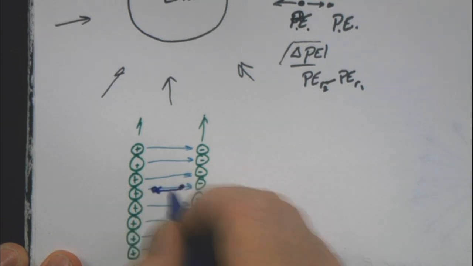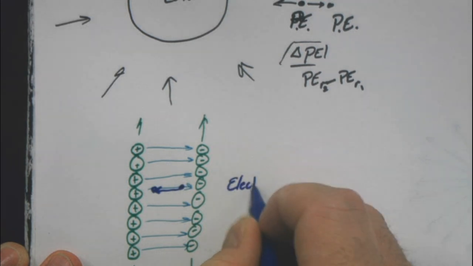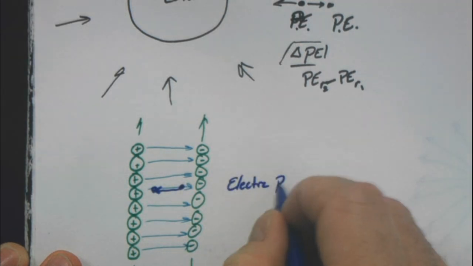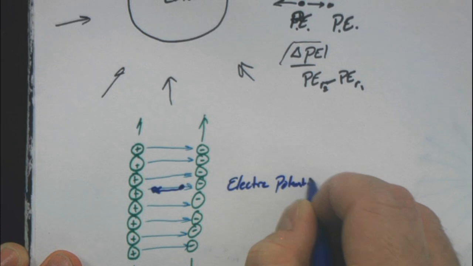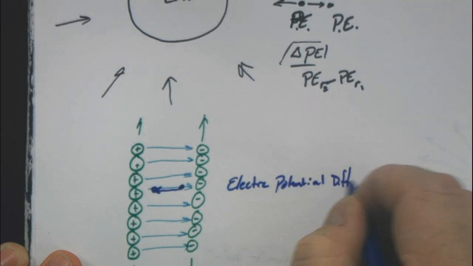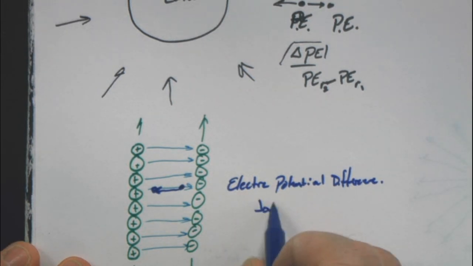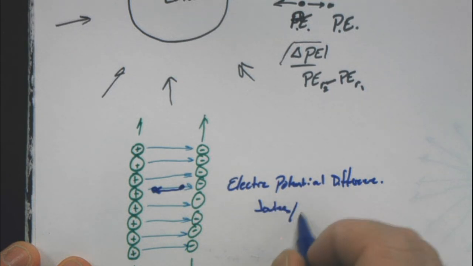So what we've done here is we have created electric potential difference. Okay, and this is measured in joules per coulomb, C-O-U-L-O-M-B.